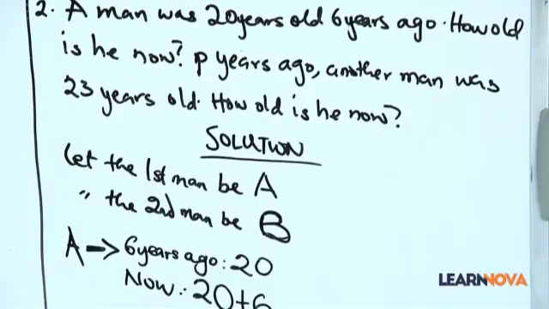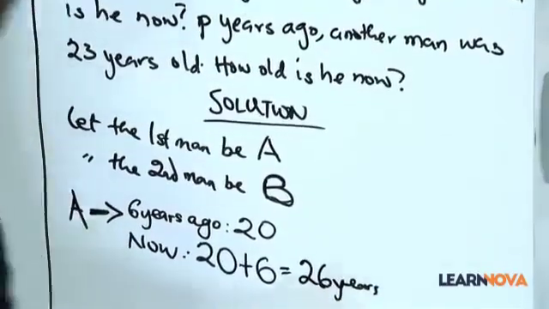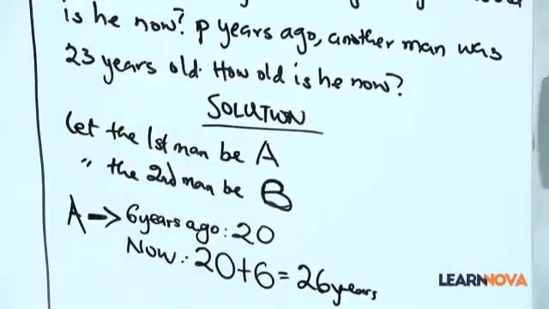How old were you 3 years ago? 3 years ago, you were 9. Good. So how do you find out your age for now? You added 3 to 9 to give you 12. Same thing here. 6 years ago, a man was 20. Now, he'll be 20 plus 6, which is equal to 26 years. Beautiful. Hope you understand.